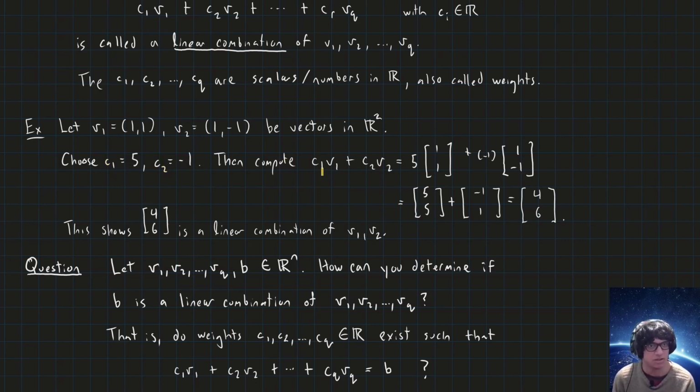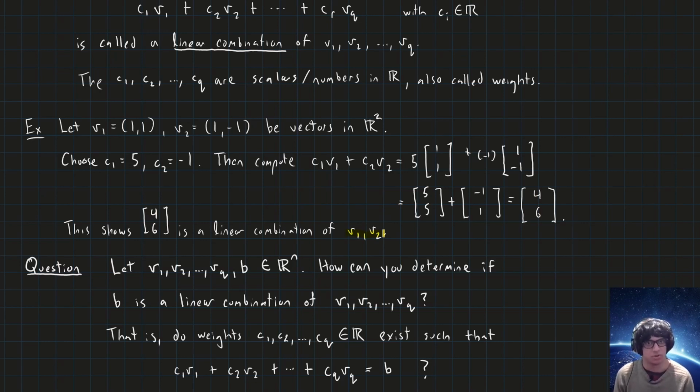Just plug into our formula: c1 times v1 plus c2 times v2. Working that out, we get that the sum is (4, 6). So what does that mean? That means that (4, 6) is a linear combination of v1 and v2.